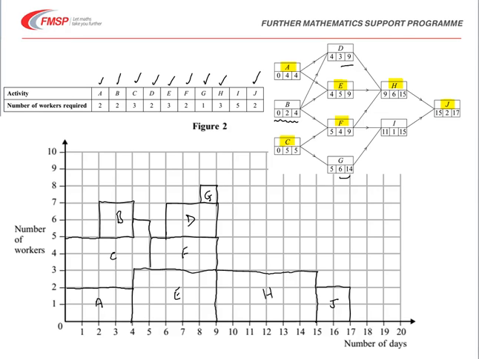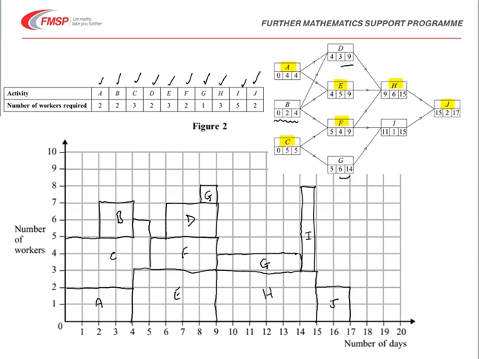And then the other 5 days at the bottom here, putting in G in this position. I takes only 1 day, but is 5 workers. So I comes in here, in that position. So that's our resource histogram.